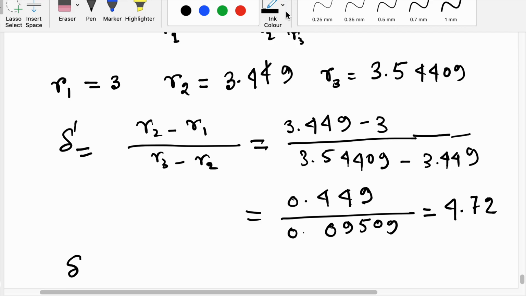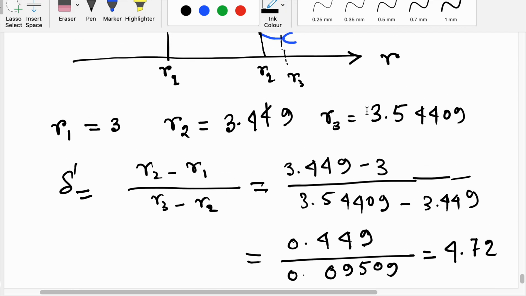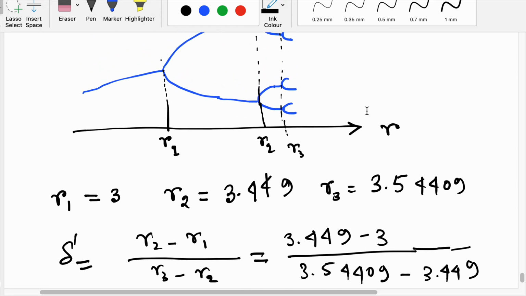So at the time, Feigenbaum was not quite capable of using the computer the way we are using it now. So what he discovered, he made up his own version of a computer, and he calculated these values R1, R2, R3 from the generating function theory.